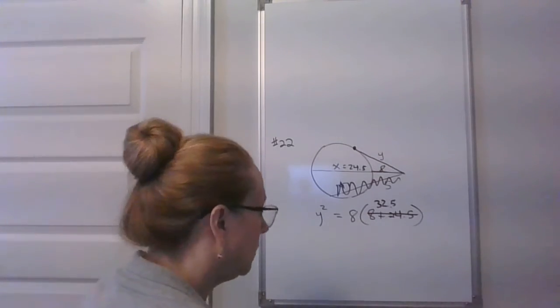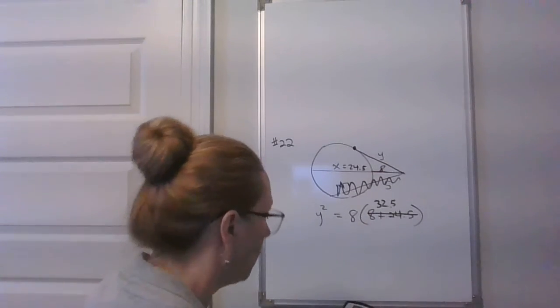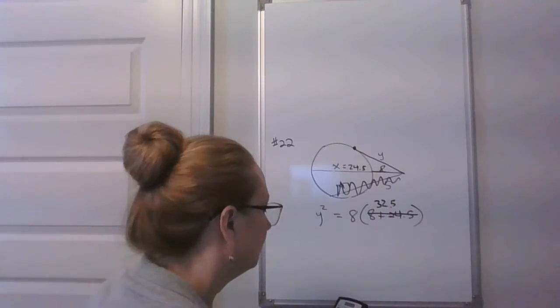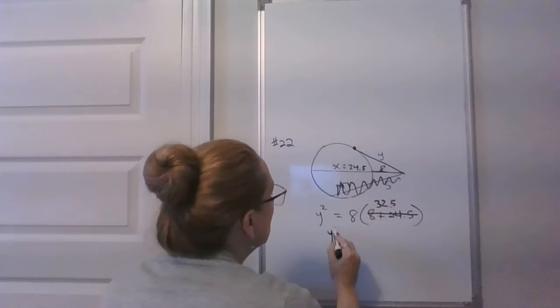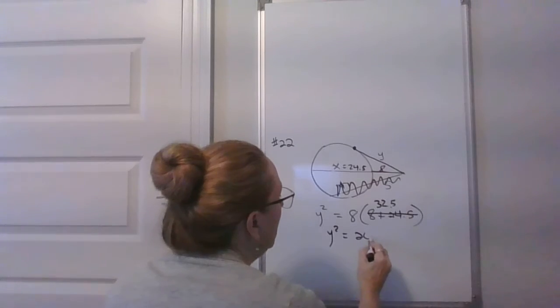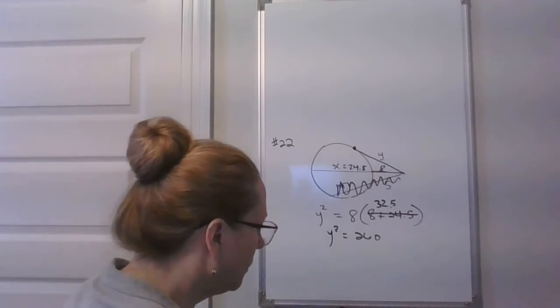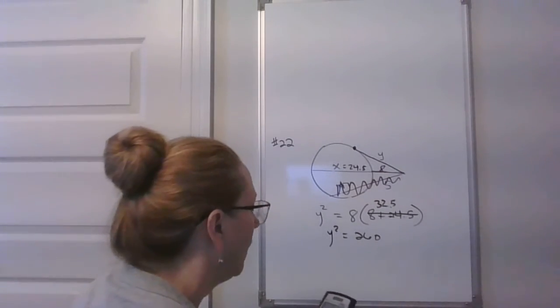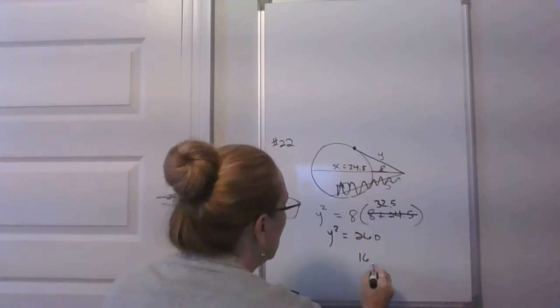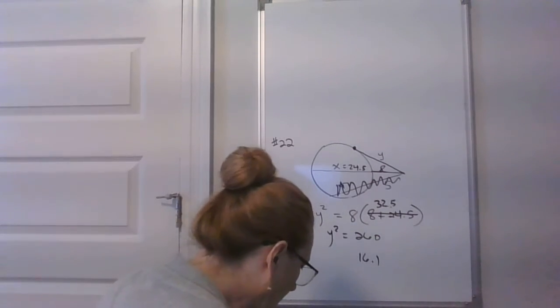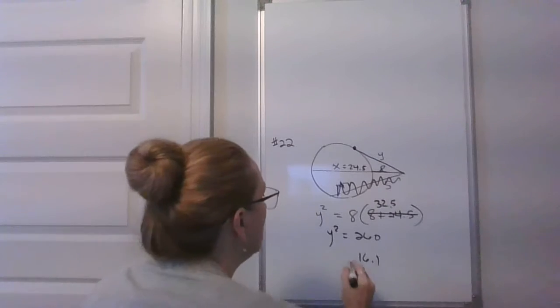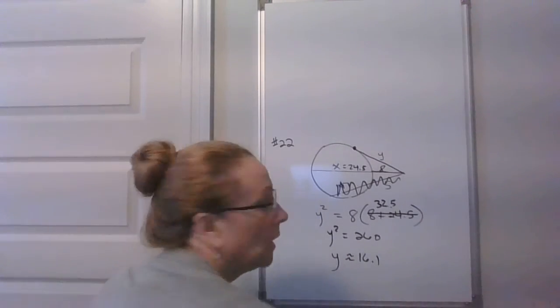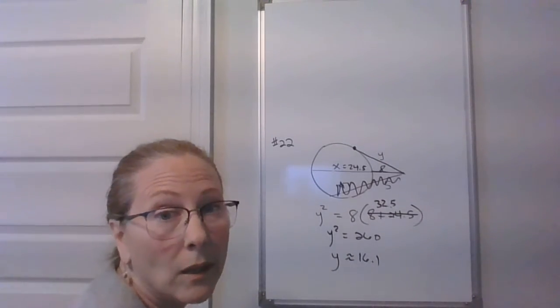All right, and then we can say 8 times 32.5, which is 260, and this time we are going to do some rounding. We're going to do the square root of 260, and we get 16.1, and that is rounded to the nearest tenth, just making sure that the instruction is followed.